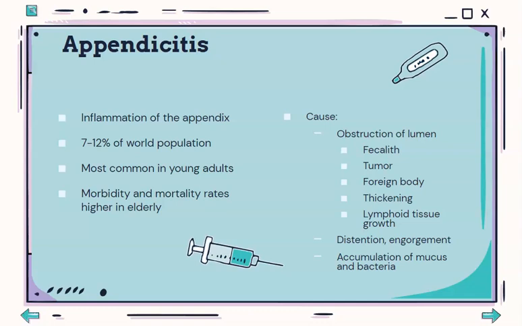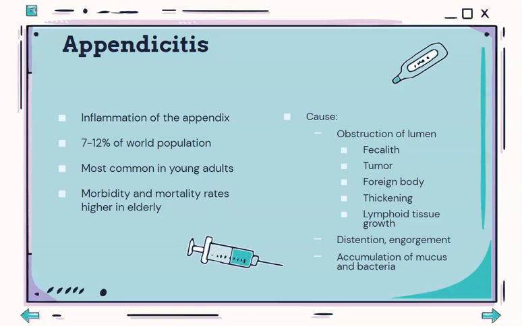Morbidity, mortality rates, the older the client is, the higher mortality rate they would have. And it's more so related to the sepsis that can occur post rupture. So we have to be aware of that.